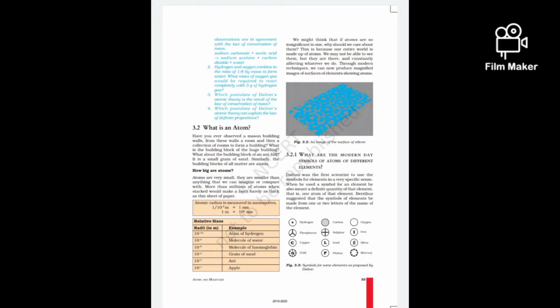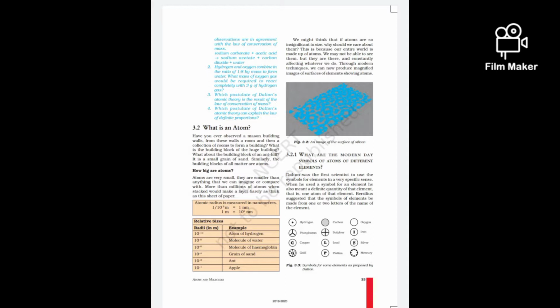Through modern techniques, we can now produce magnified images of surfaces of elements showing atoms. As you are observing the image given in the respective page, with the title, an image of the surface of silicon. Isn't it, children? I hope you are observing the respective picture in the respective page.